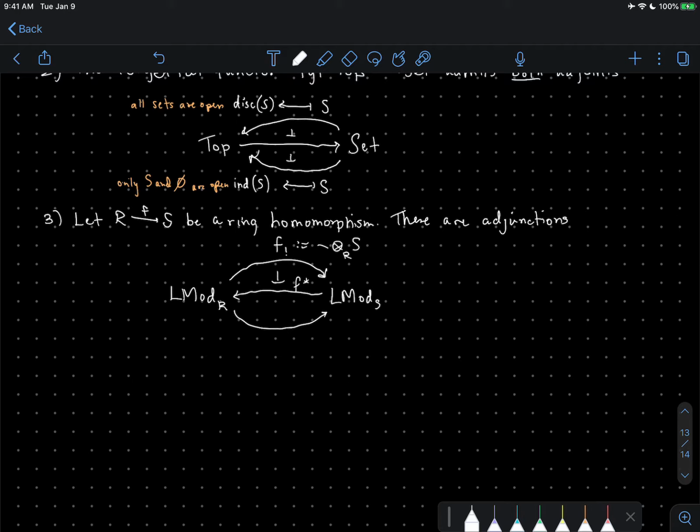And the right adjoint functor is the functor called F lower star, which takes the R module of homomorphisms from S into blank.